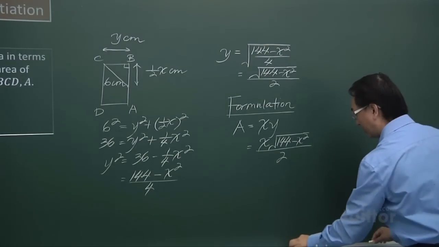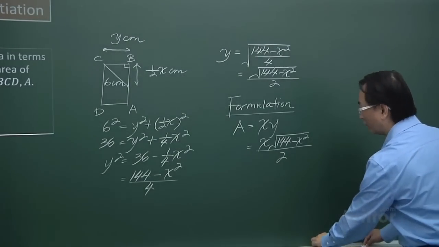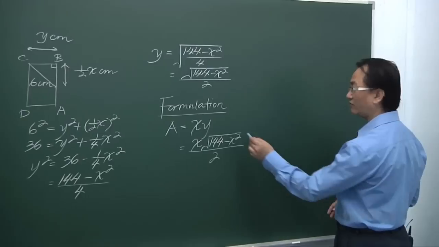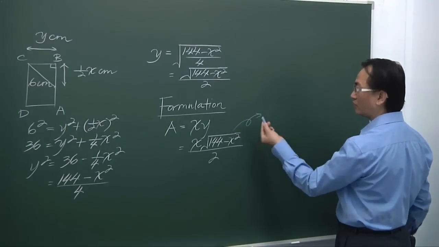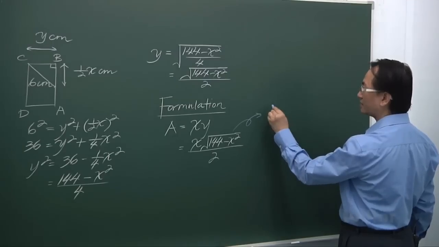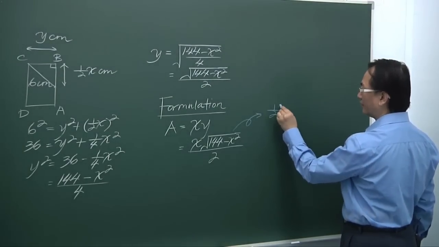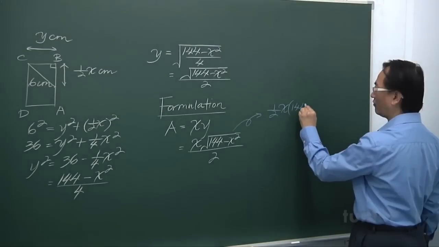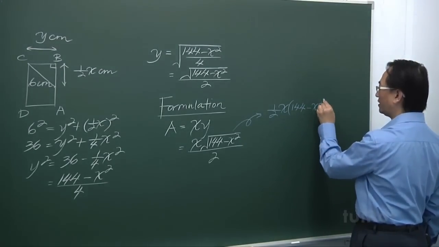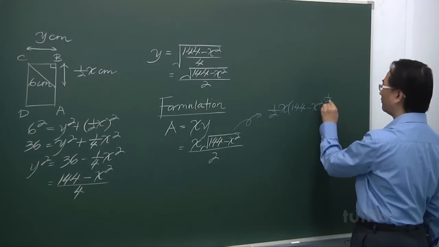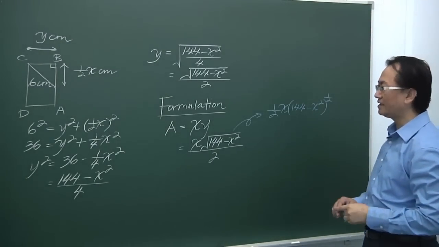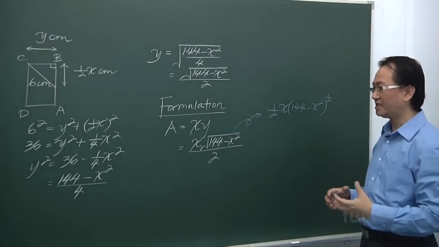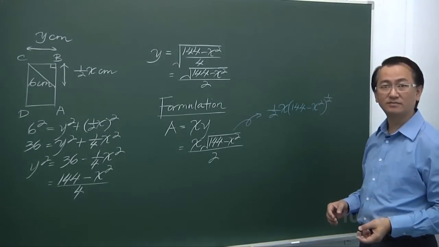Now, if I need to go on from here in order to do the first derivative, then another form will be very handy, that is half x times 144 minus x squared to the power of half. That will be a neater form in order to facilitate the ease of differentiation.